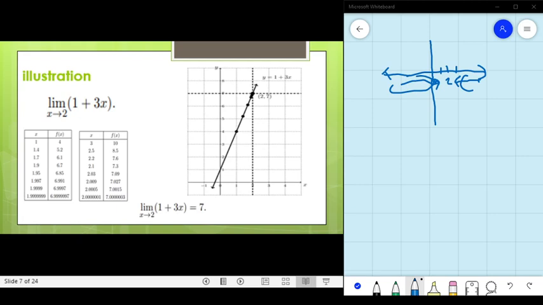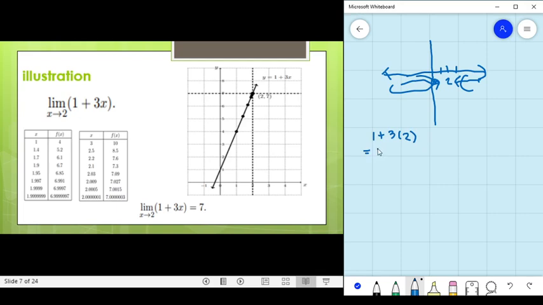Okay, so if we look at the graph, using graphing of a linear equation, we can see what happened. So when x is equal to 2 itself, we can replace 1 plus 3 times 2.